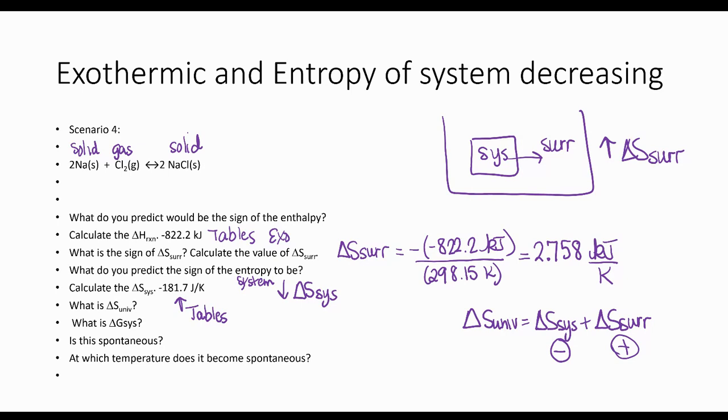Okay, so I'm going to give myself some room here. I think temperature dependency is a lot easier to see with Gibbs-Helmholtz. Okay, we had a very, very exothermic reaction. And then the entropy was decreasing. So you see how they're opposing each other?